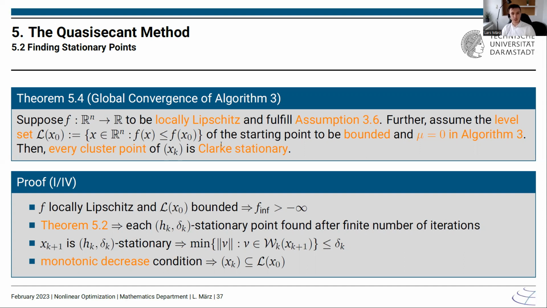And since they are HK stationary, we get the definition of being HK stationary, so this inequality. By this sufficient decrease condition, we also know that we have a monotonic decrease so that all iterates remain in that level set from the first iterate.